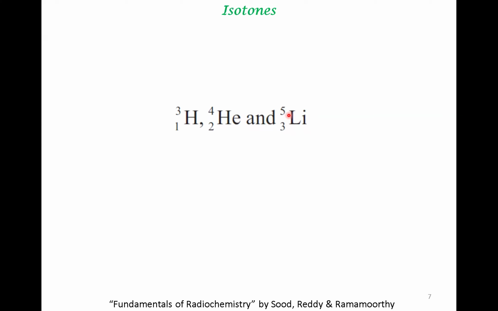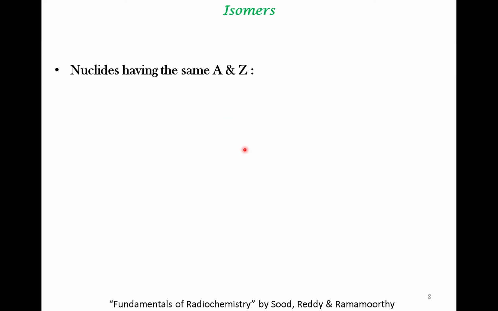For elements that have more protons, if the ratio of protons to neutrons increases, that also makes the nucleus unstable, and there's a different kind of radioactive decay. We'll see what that is in a later lecture.